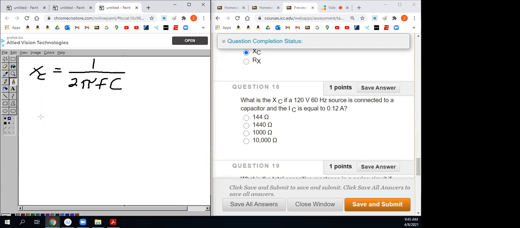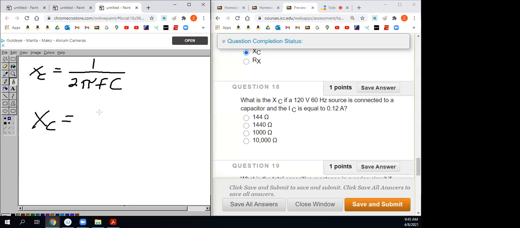What is the capacitive reactance if we have 120 volts and 0.12 amps? Could we tell what that resistive value is? Maybe it's just Ohm's law. Yeah. So what does Ohm's law say resistance is? R equals E over I, yep.